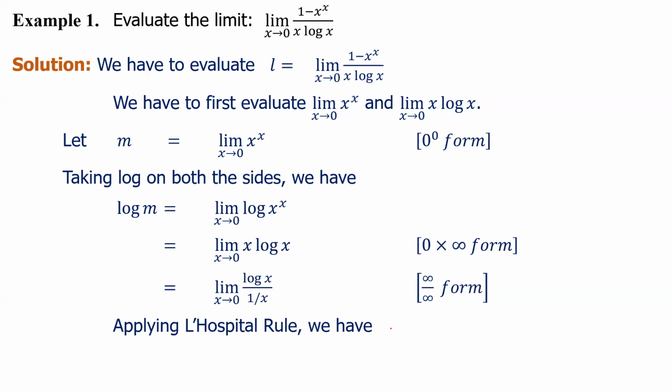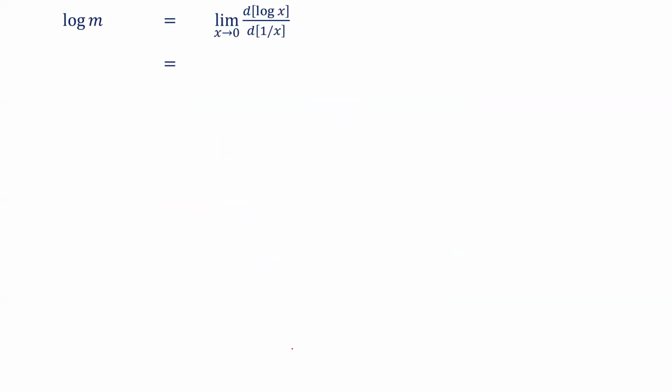Applying L'Hospital rule, we have to differentiate numerator as well as denominator separately. Derivative of log x is 1 upon x and derivative of 1 upon x is nothing but minus 1 upon x square. 1 x and x will cancel. This x goes to the numerator and we have minus the limit of 1 upon x into x square upon 1 when x tends to 0.